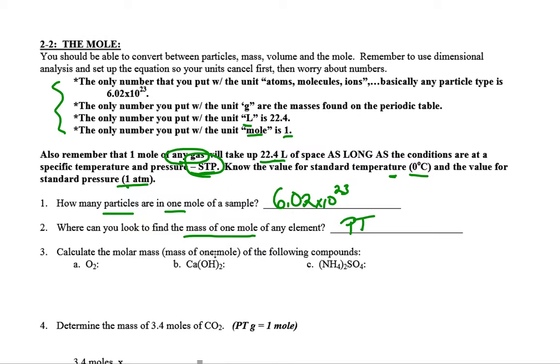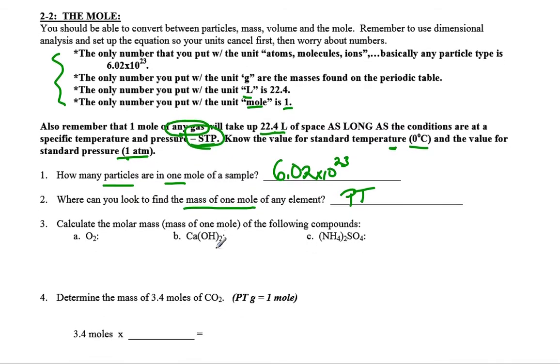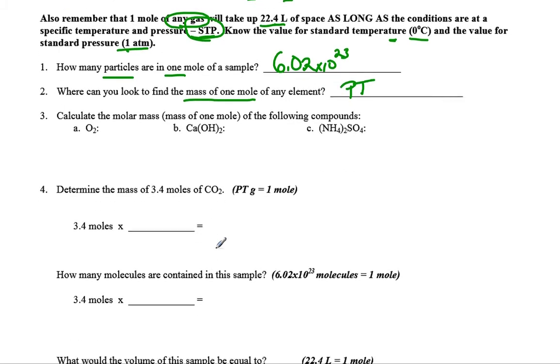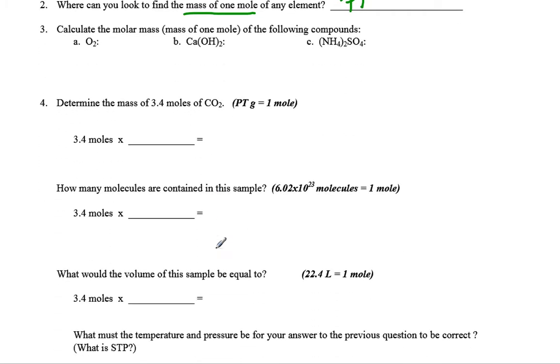So now let's use the periodic table to figure out the mass of 1 mole of these following substances. Now you've got to look at the subscripts. So oxygen, there's 2 of them. Don't miss that subscript. So it's 16.0, because that's what one of them weighs, times 2. So that's 32.0 grams. Here we have 1 calcium. Calcium's 40.1. We've got 2 oxygens, because there's 2 sets of hydroxide, OH twice.